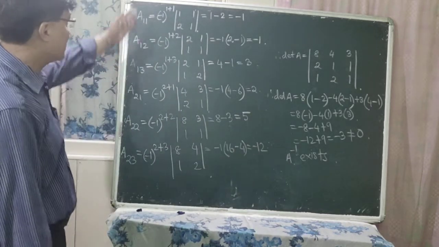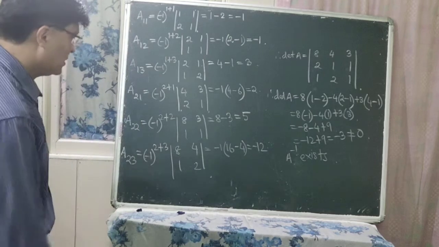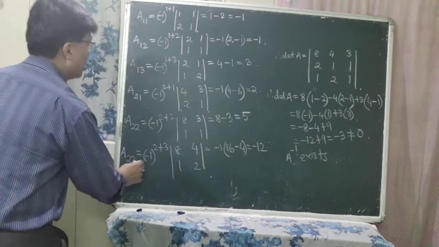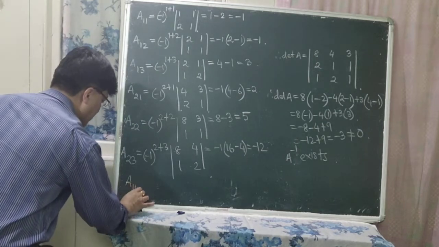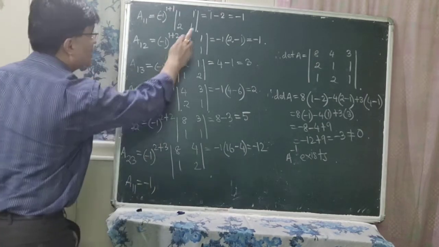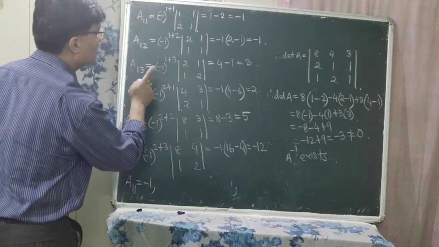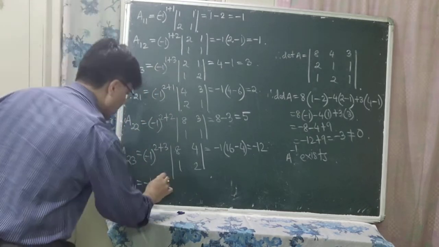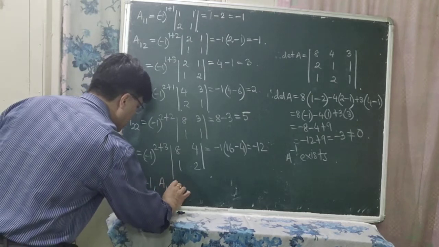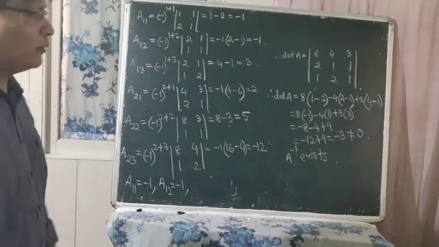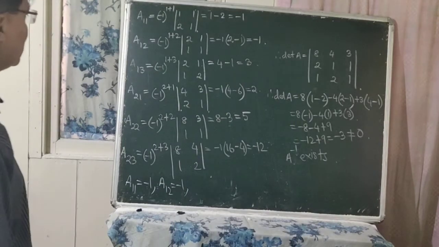So we have found out the 6 cofactors. So let us write it here because we have to rub it. Okay. So A11 is minus 1. A12 is also minus 1.